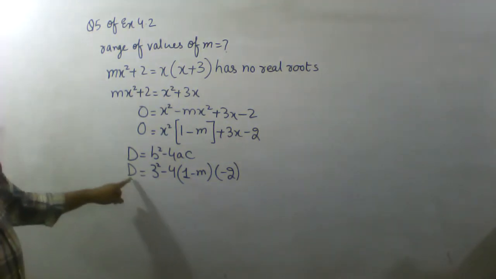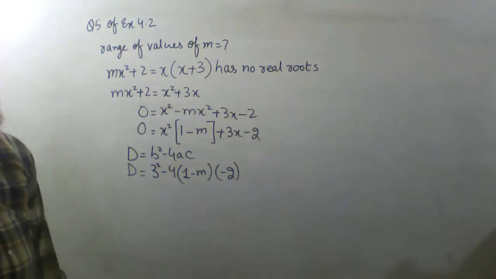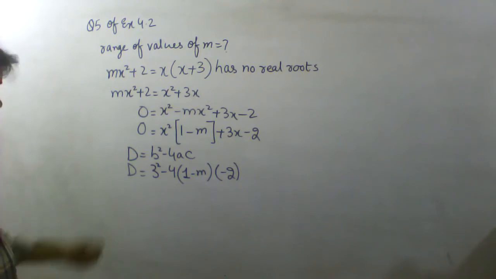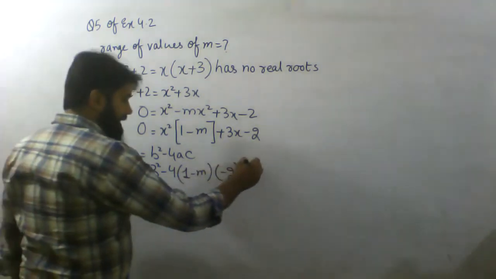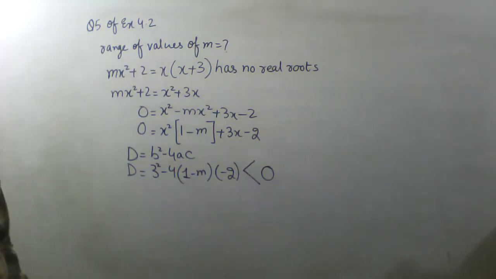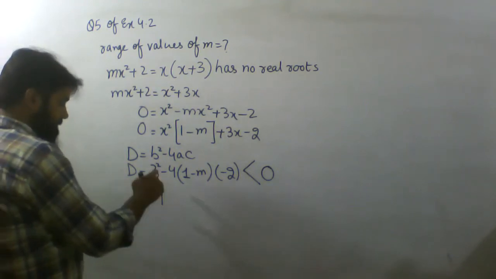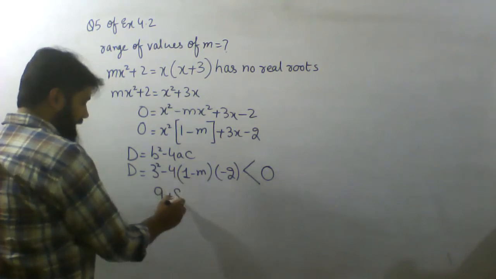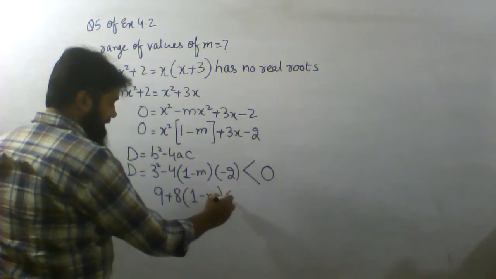Now they are saying that it has no real root. So what does it mean? That the discriminant is lesser than 0. So this is my discriminant and this thing is lesser than 0. Okay? So simplifying it, 3 square will be 9. Minus minus plus 2 4s are 8, (1 minus m) lesser than 0.